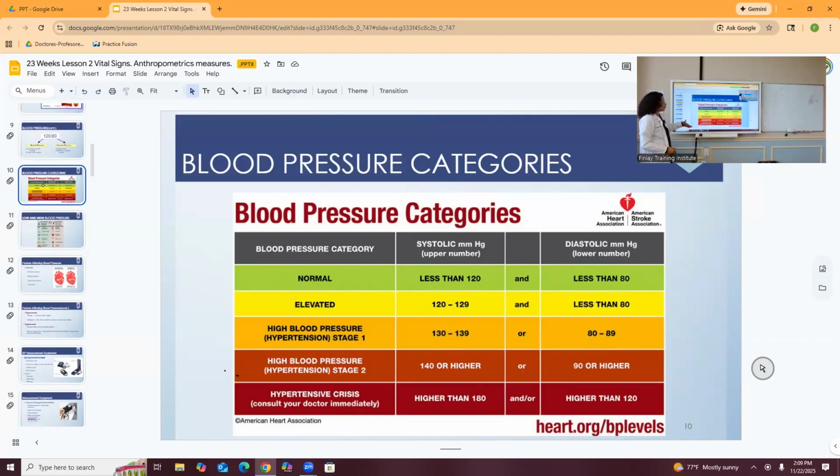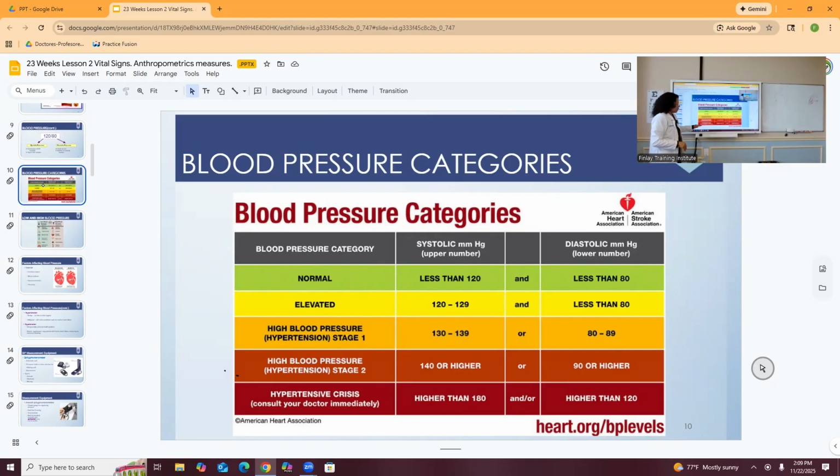Stage 2 of high blood pressure is going to be 140 or higher for systolic, and 90 or higher for diastolic. And stage 3 is going to be called hypertensive crisis.